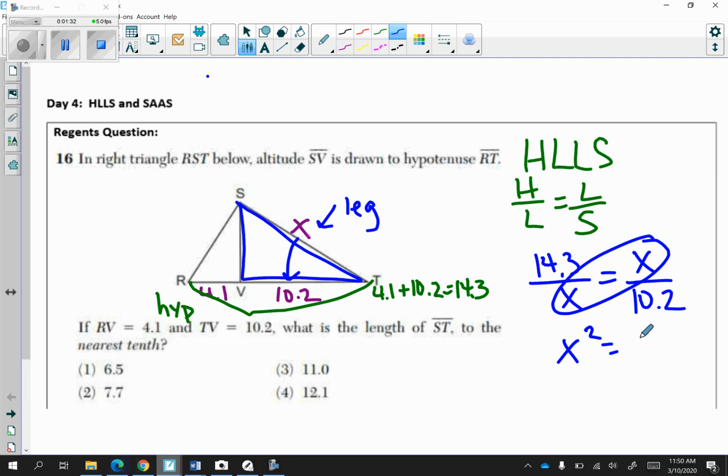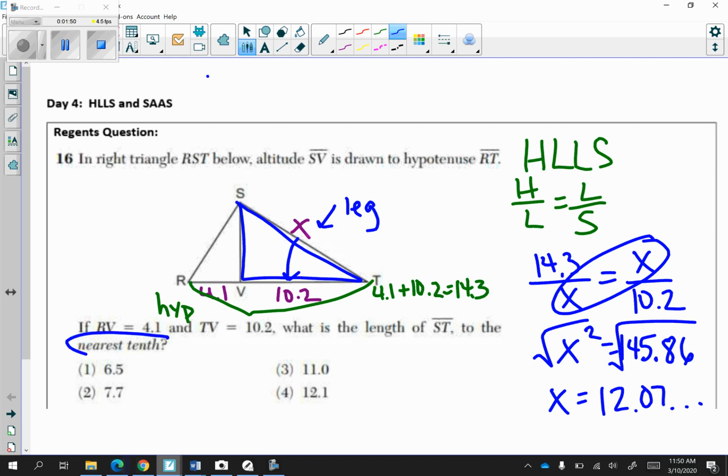And 14.3 times 10.2 is 145.86. To get X by itself, we take the square root. And X is equal to approximately 10.07. And it wants us to round to the nearest tenth. So that's 12.1. Choice 4.